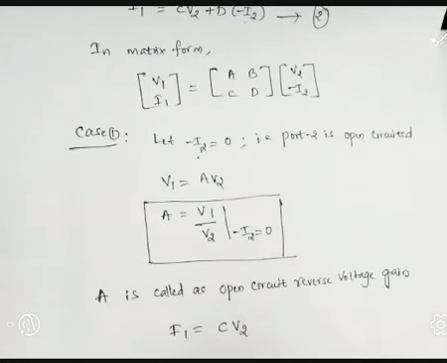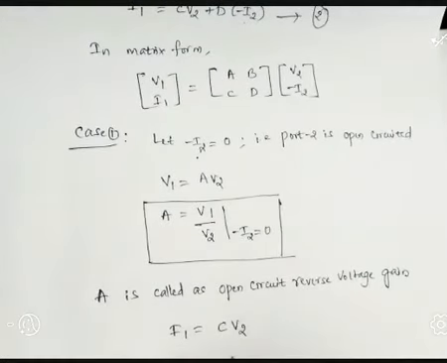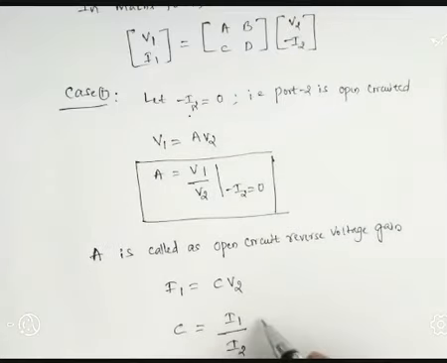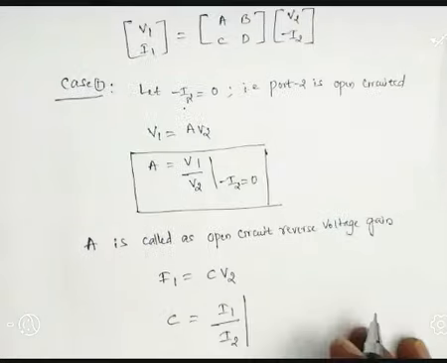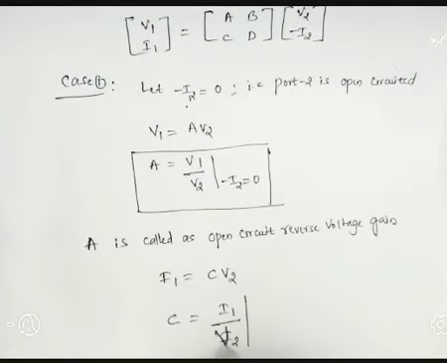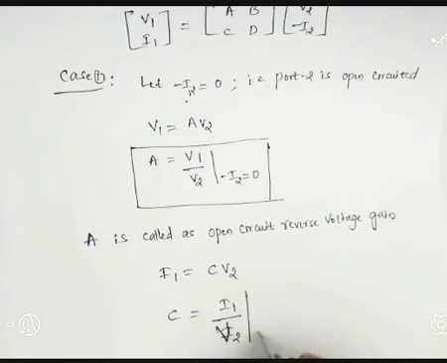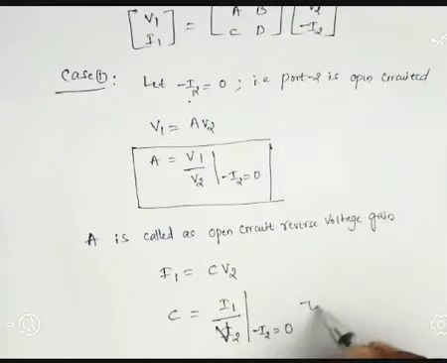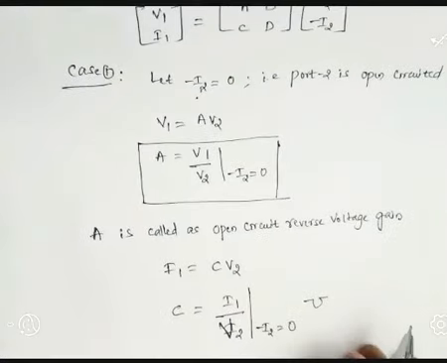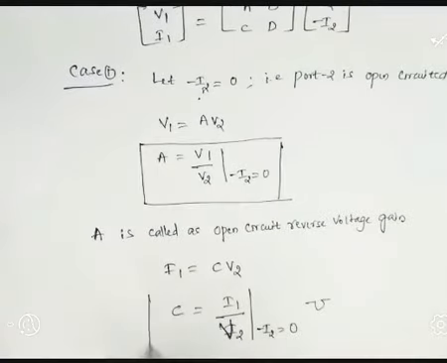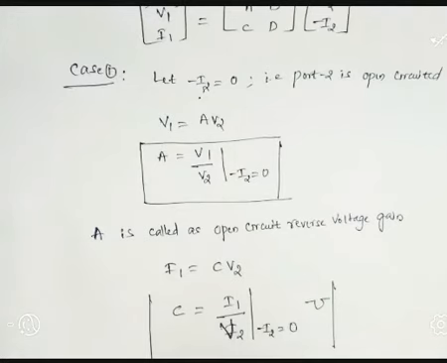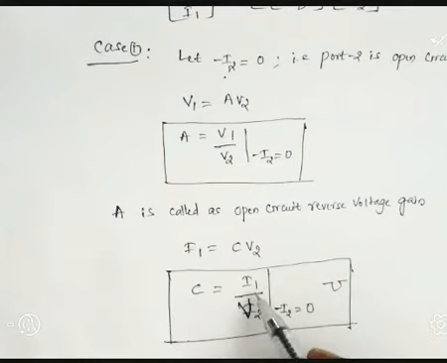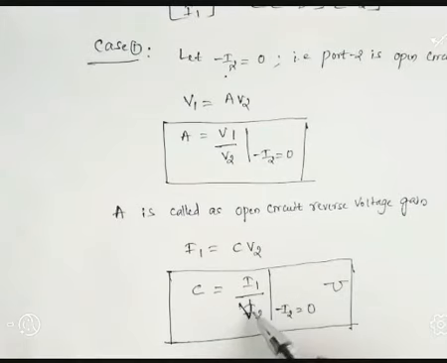Hence the parameter C equals I1 divided by V2. It is because minus I2 equal to 0. I by V is there, so the SI unit is mho. The parameter C is the ratio of I by V, and we are getting this ratio because of I2 equal to 0, open circuit.